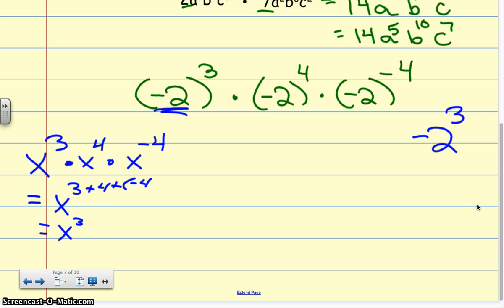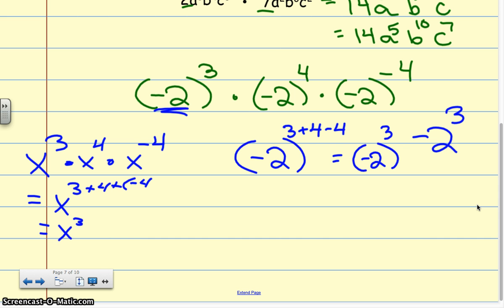It's the same thing. I take the base to the sum of the exponents. Well, what's my base here, class? Negative 2 in parentheses, very important. Negative 2, it does count. Negative 2 to the 3 plus 4 minus 4, which is negative 2 cubed.